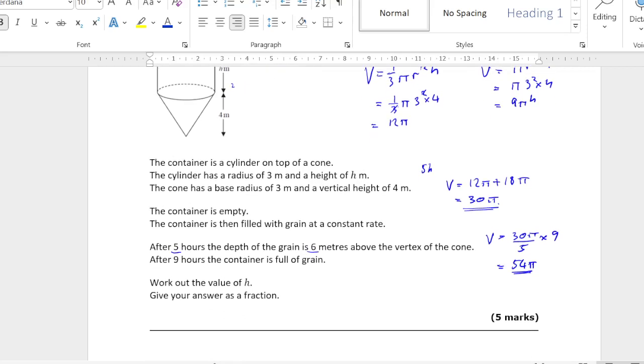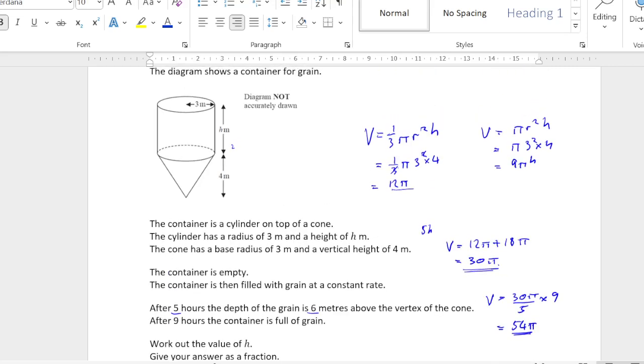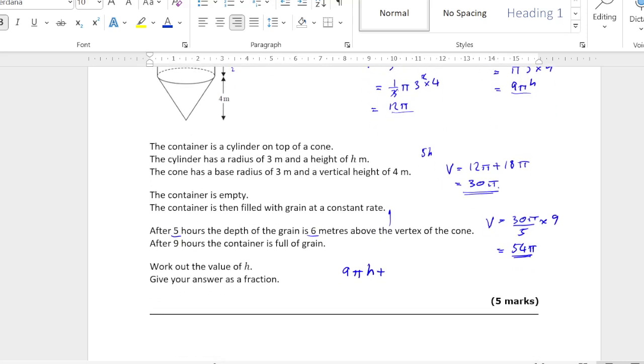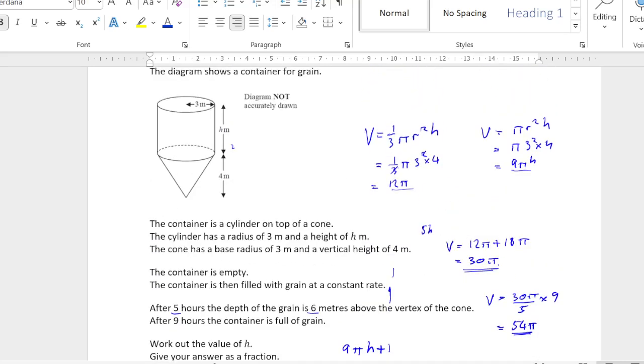Right, and we've already set up here that the total volume of the tank is 9 pi times the height plus 12 pi, and that is going to be equal to 54 pi.